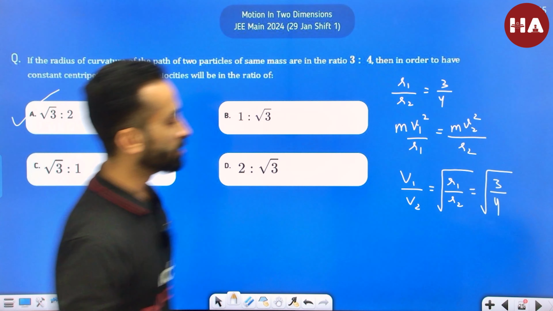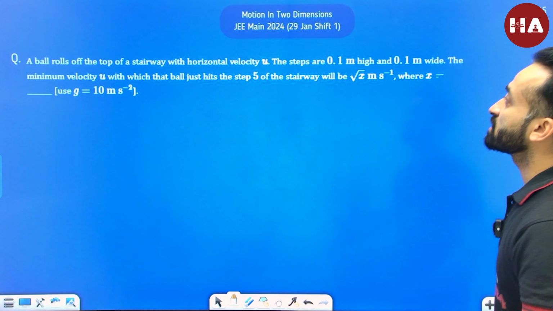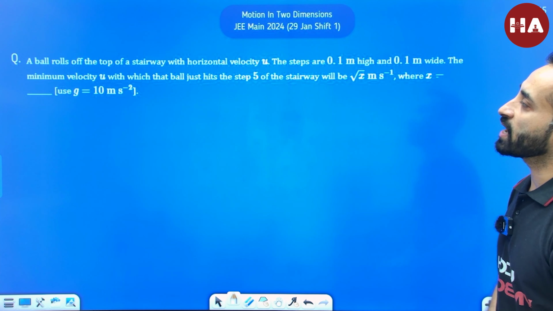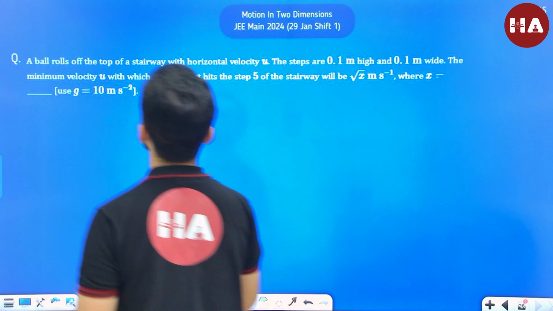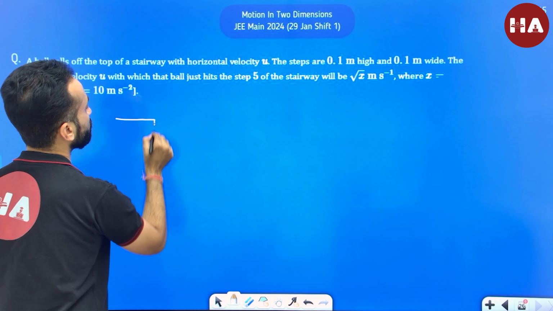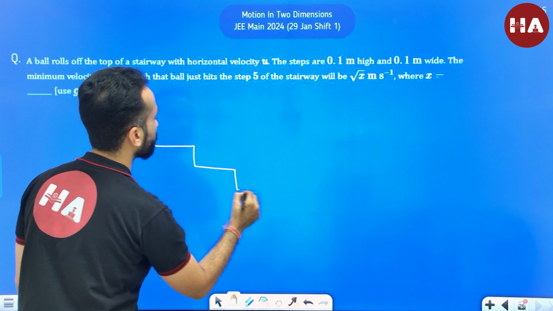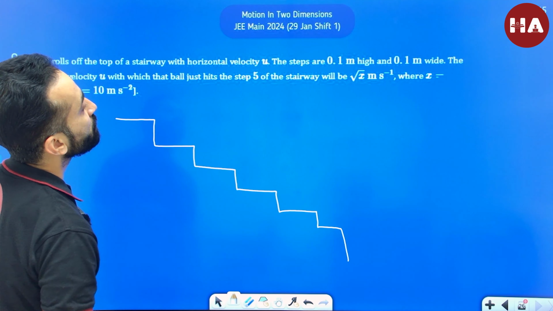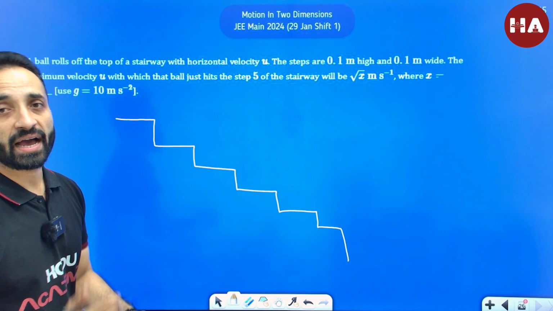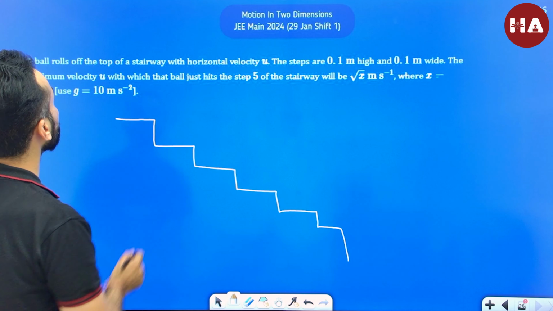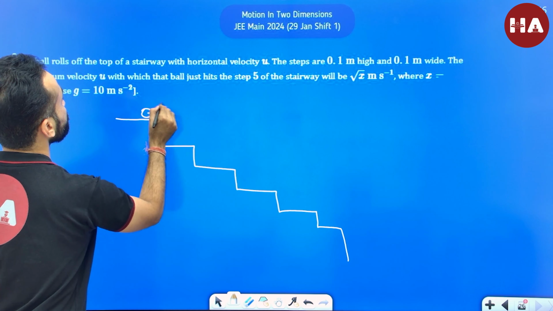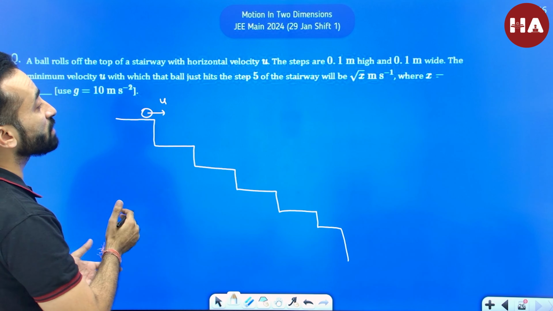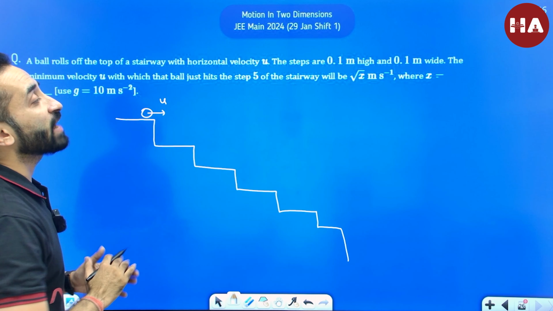Right, students? So the next question, in fact this is the last question of this series today that we are discussing. 29 January shift 1, a ball rolls off from the top of a stairway. So we have done many questions of stairway in our theory classes. So this is what is happening. The steps are 0.1 meter high and 0.1 meter wide. The minimum velocity u with which the ball should be projected so that it hits the step 5 of the stairway.